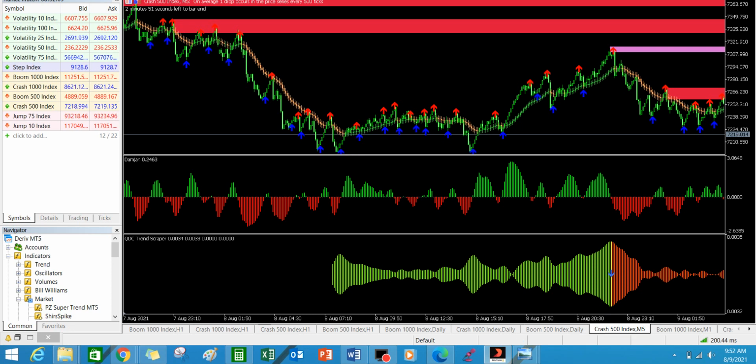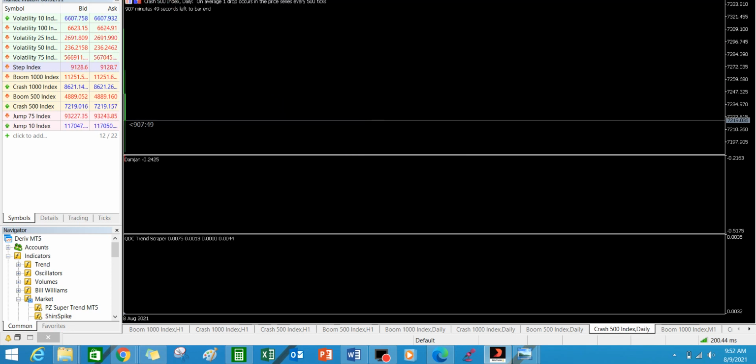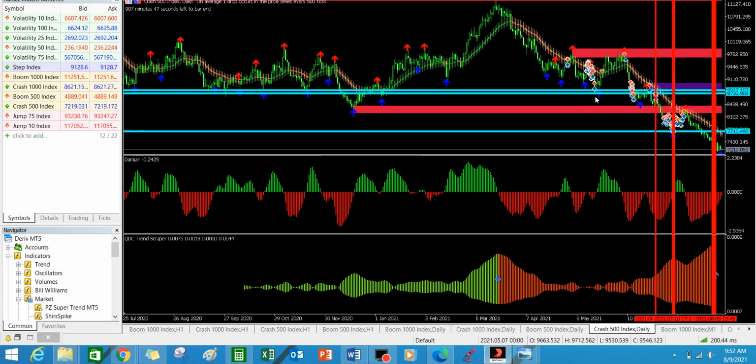Crash 500 is our last asset, guys. So for Crash 500, I'm going to take it down to day one. I'm going to reduce the trend indicators, I mean the trend lines, that are on the chart.